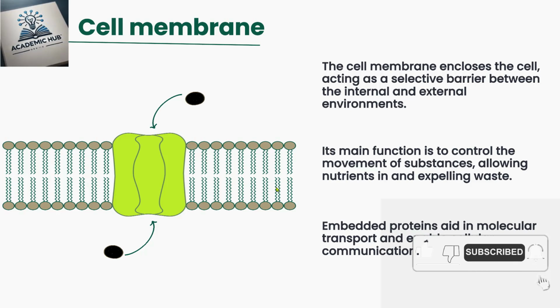What is the cell membrane? The cell membrane is a vital structure that defines the boundary of the cell, playing a critical role in maintaining homeostasis and mediating interactions between the cell and its environment. Its complexity and versatility allow it to serve as a selective barrier that not only protects the cell's interior but also facilitates communication and transport of molecules.